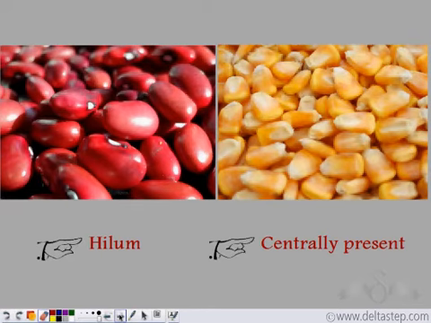That is, it is over here that the embryo is located. In case of a corn, see the embryo marker, this whitish thing. It is almost centrally located.